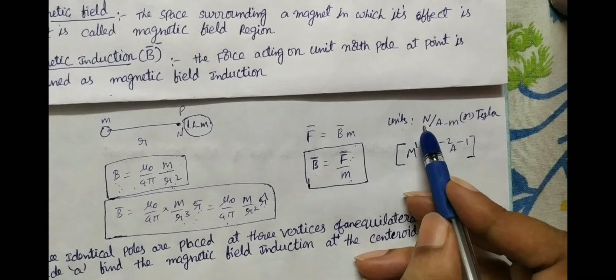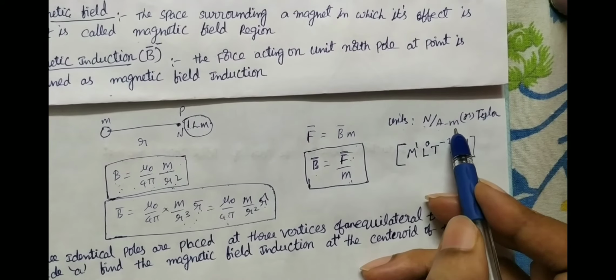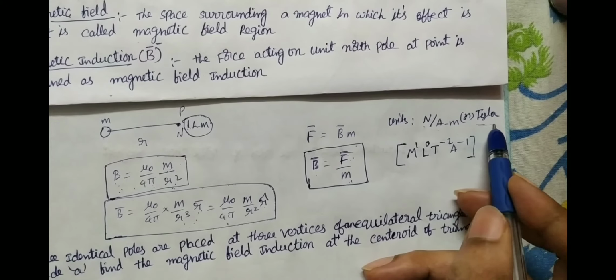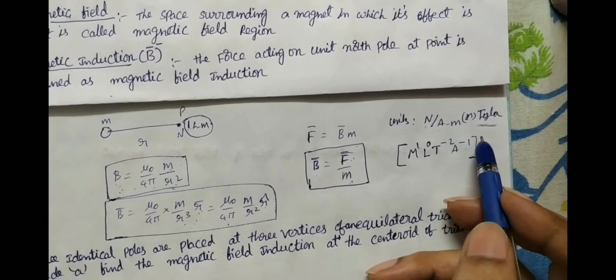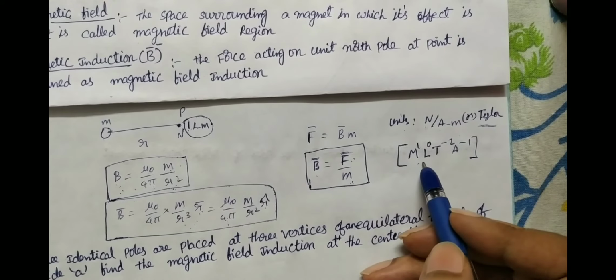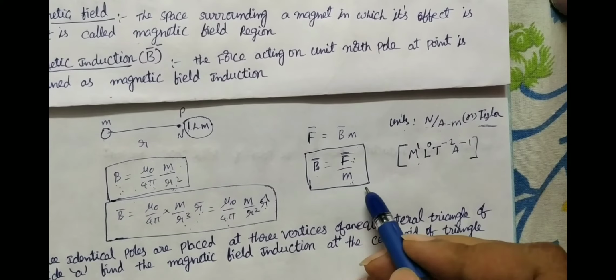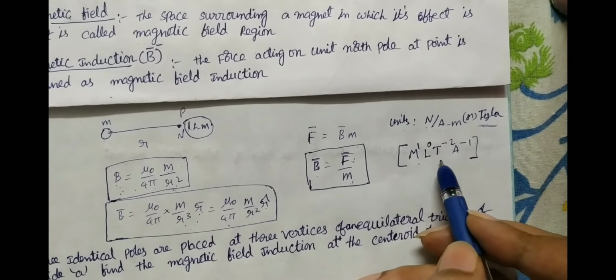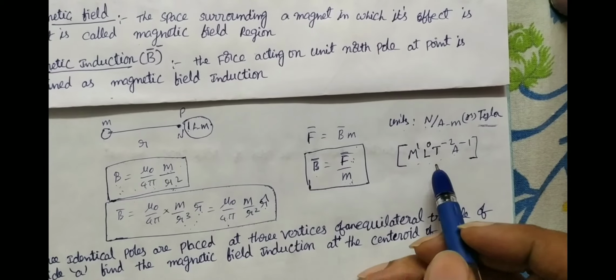Force unit is Newton, pole strength is ampere meter. So Newton per ampere meter, or the SI unit Tesla, named after the scientist, and you can represent it with capital T also. What are the dimensions? Dimensions of force by dimensions of pole strength, that gives M L^0 T^-2 A^-1. The L terms get cancelled here.